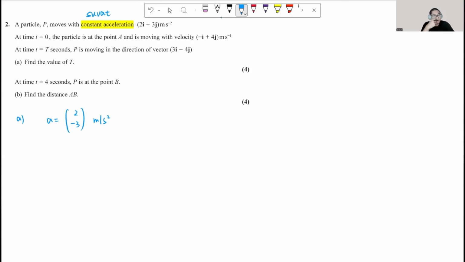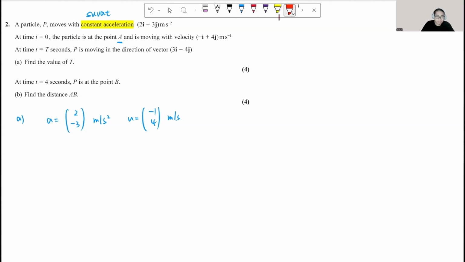And at time t equal to 0, the particle is at the point A and is moving with velocity -i plus 4j. So if we let point A be our starting point, that means u is equal to -1 and then 4 meters per second. And at time t equal to capital T seconds, P is moving in the direction of vector 3i minus 4j.